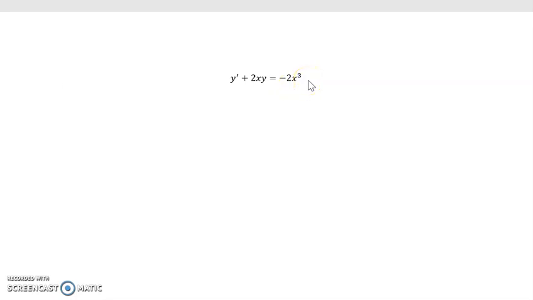So to proceed to solve this, the first thing we're going to have to do is find our value for mu. And in order to find mu, we are going to take the expression here in front of the y term, so not the y itself, but the portion of the equation that contains the function of x in front of the y.